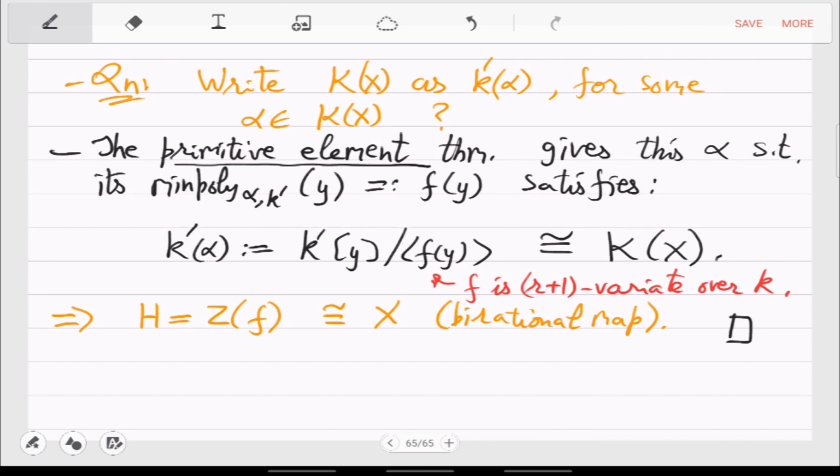So a rational map phi is called dominant if there exists an open U such that the corresponding map from U to Y is dense in Y.